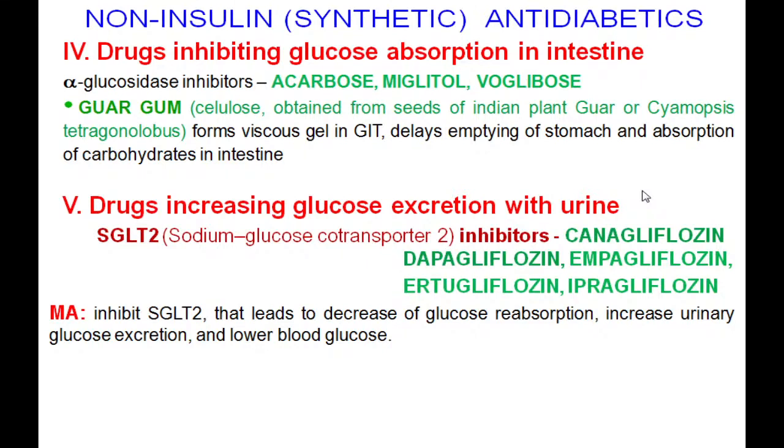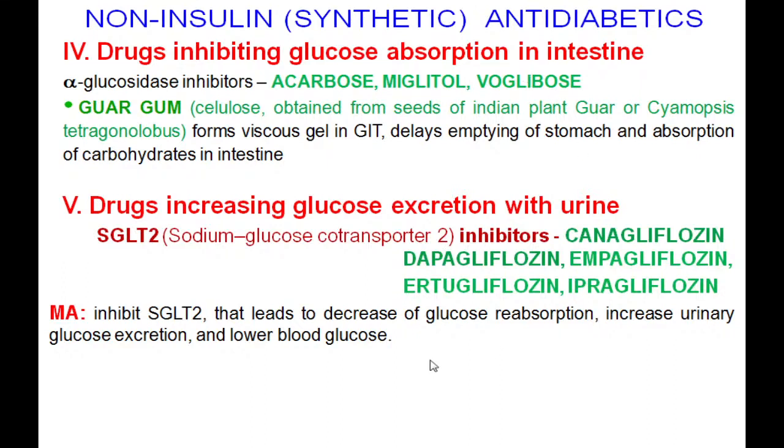This cotransporter promotes absorption of glucose in glomeruli. That is why inhibition of this transport system causes excretion of glucose with urine from the organism.